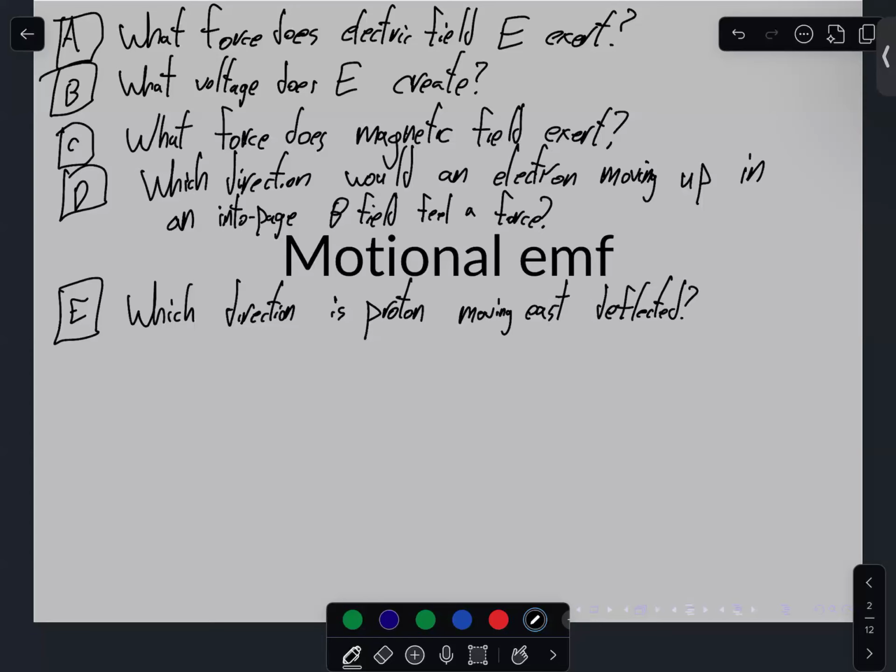The magnetic field points into the page. Which direction is the force? There is no F. No people answering F. More than one.